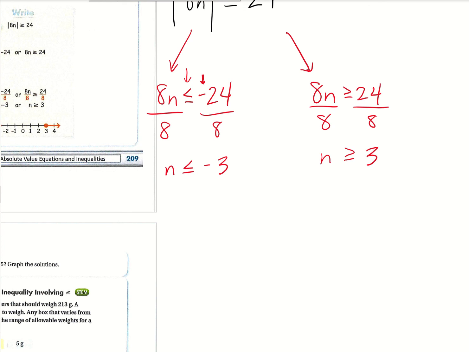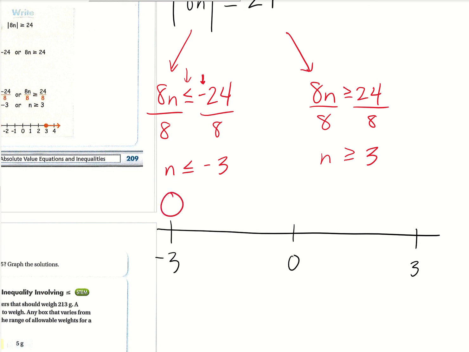Now I'm going to go ahead and graph this. So I have 0, there's 3, there's negative 3. My inequality on the left side is less than or equal to negative 3, so my point's going to be at negative 3.